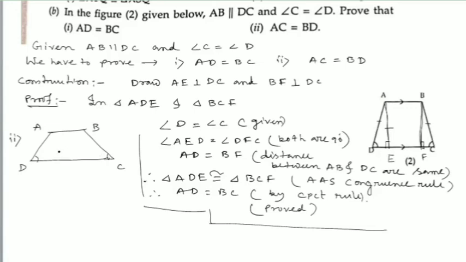In that case, we will make another construction. Here we join B and D, A and C. Okay, so here construction is join AC and BD.